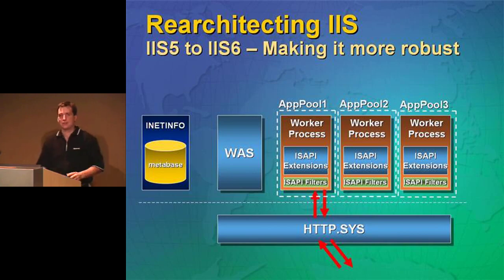So now we'll tie these components together. First, I'll review how a request was processed in IIS 5. The requests arrived at the WinSock layer, went into inetinfo, which had set up the endpoint through WinSock, optionally processed through any ISAPI filters, and if you had an in-process web application, it would run inside the inetinfo process.